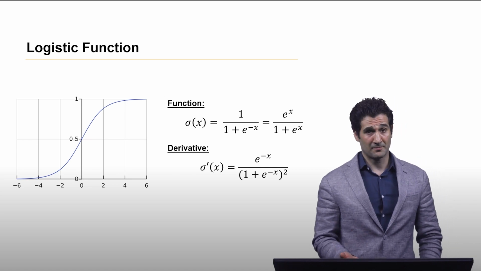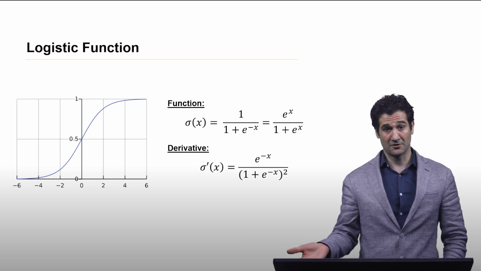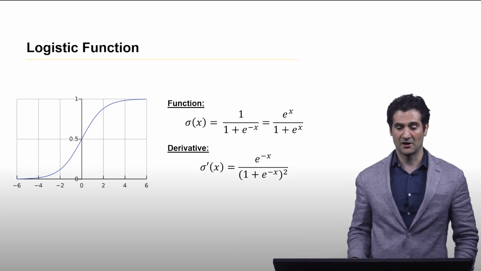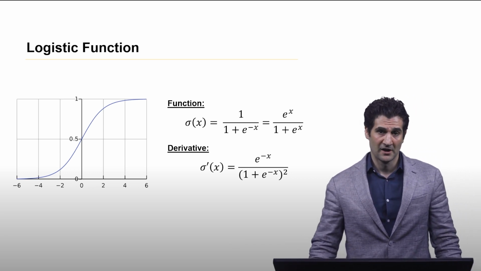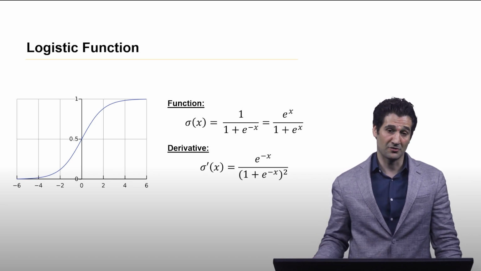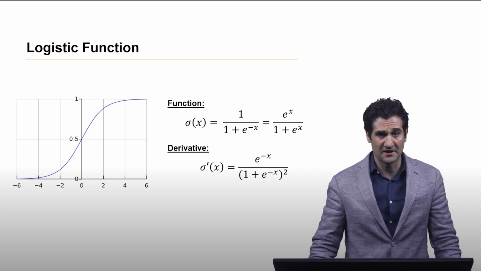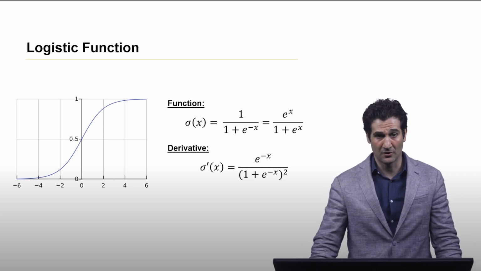So one very popular approach to using a regression-based model for classification is what's called logistic regression. And it uses a logistic function, which is shown here. There are two common ways that it can be written out, but they're both equivalent.